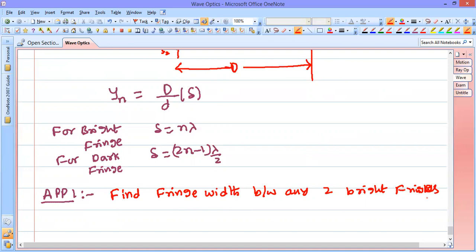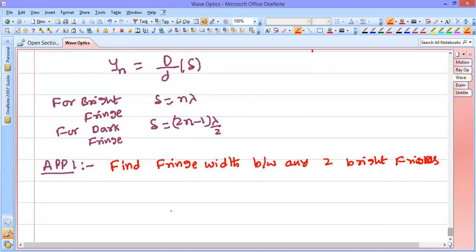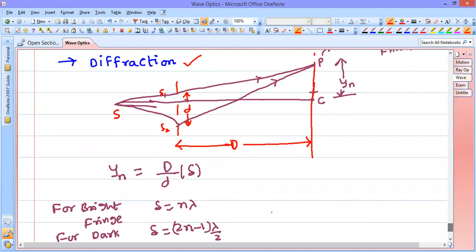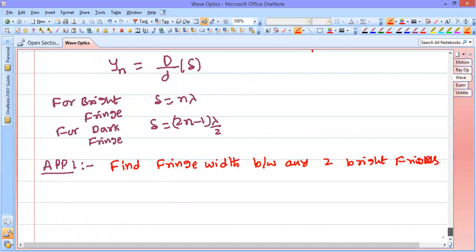Here you can see these bright fringes will get in the order of even numbers.